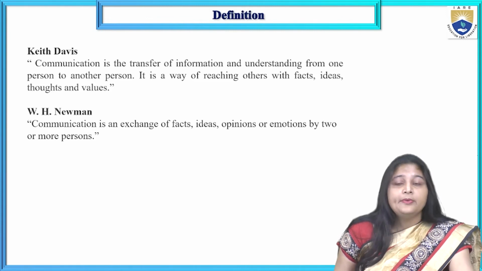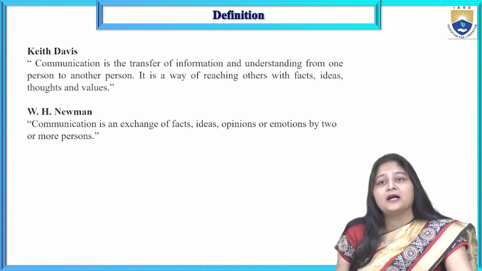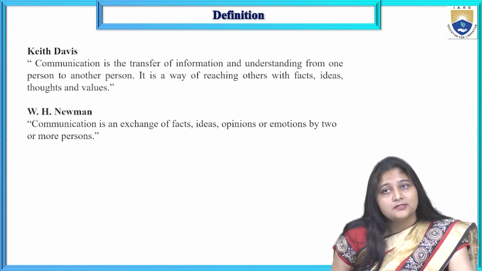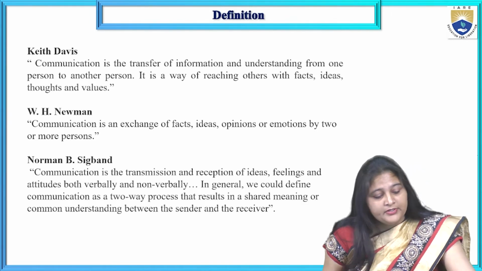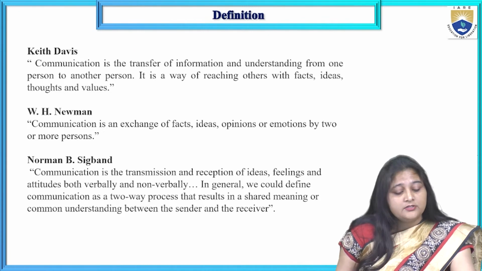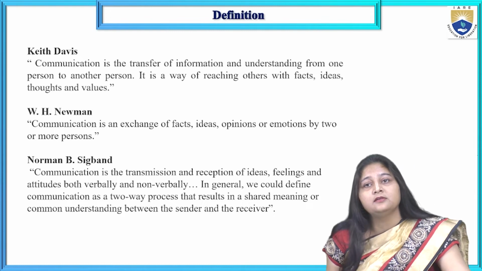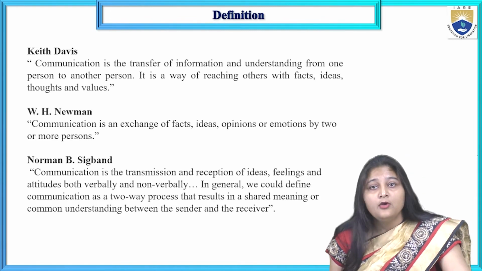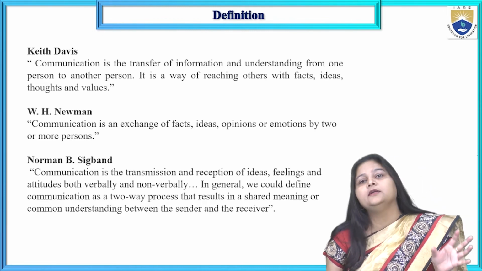Whereas W.H. Newman defined communication as an exchange of facts, ideas, opinions, or emotion by two or more people. And Norman B. Sigband defined communication as the transmission and reception of ideas, feelings, and attitude, both verbally and non-verbally.